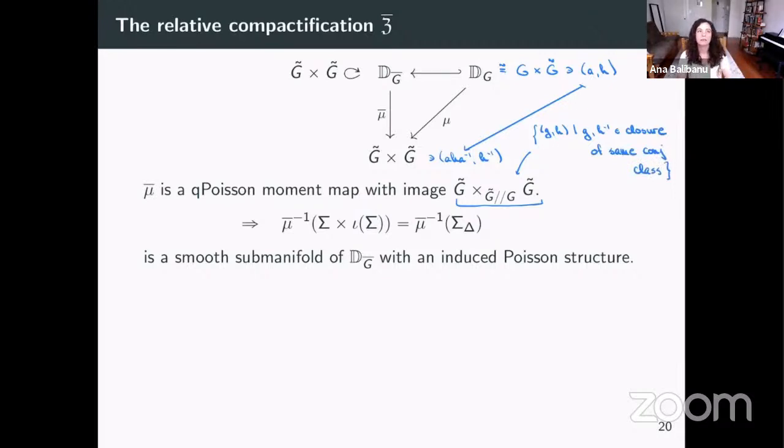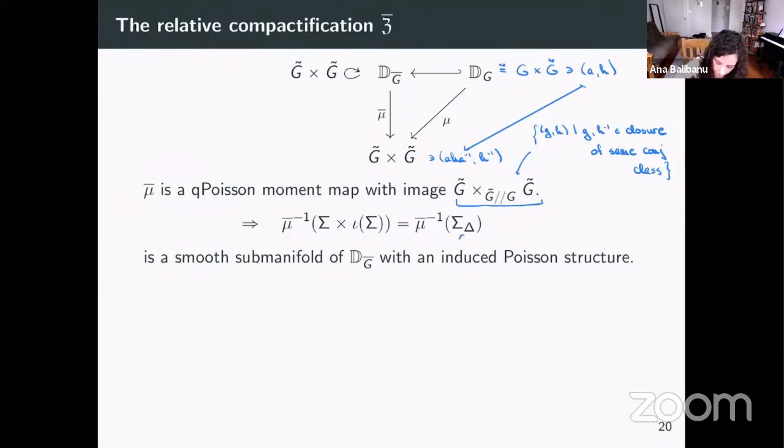So once again, using this transversality property of the Steinberg cross-section, which says that it intersects every regular conjugacy class in a single point, we see that a point in sigma cross sigma inverted intersects this image if and only if it's an anti-diagonal point.